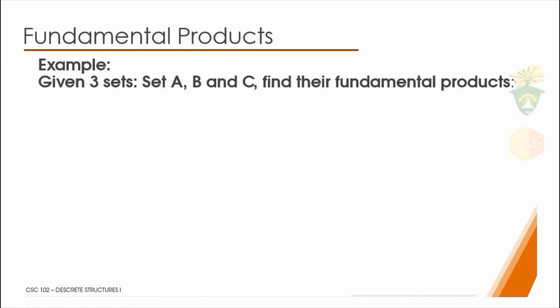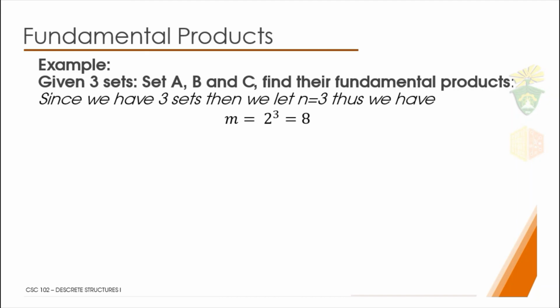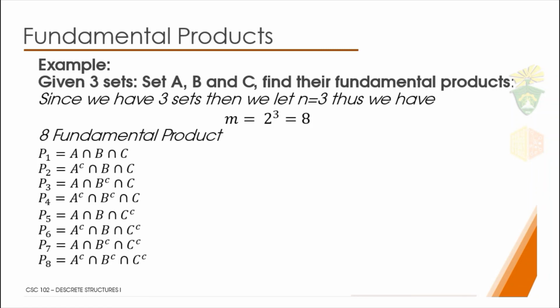So here is an example. We are given three sets, set A, B, and C, and our task is to find their fundamental products. Since we have three sets, we let n equal 3, thus we have 8 fundamental products. And these are the 8 fundamental products that we have. They are composed of the sets themselves and the complement of the sets, as well as the intersection operation.